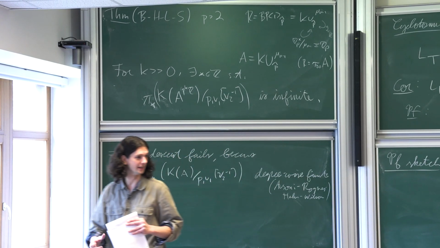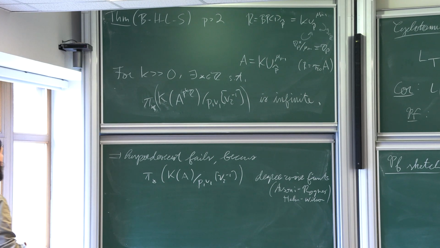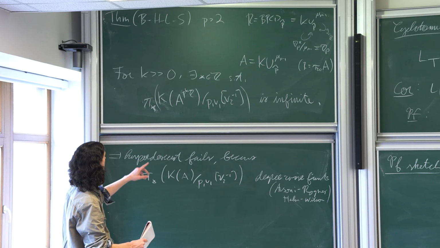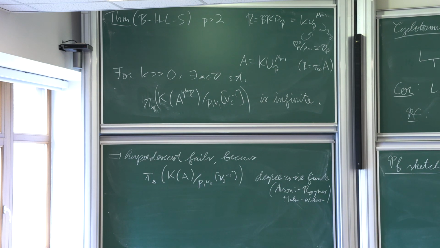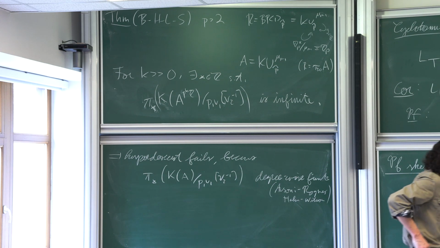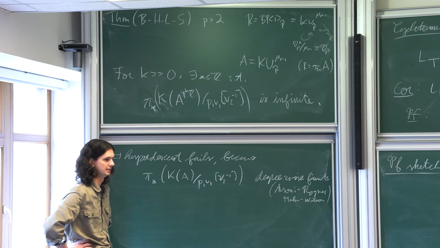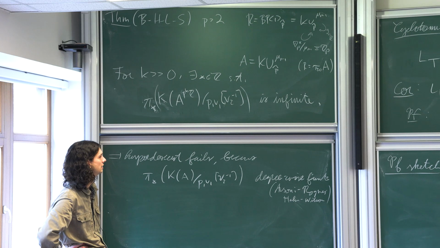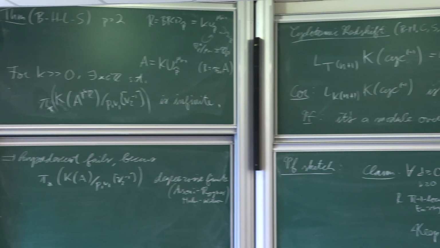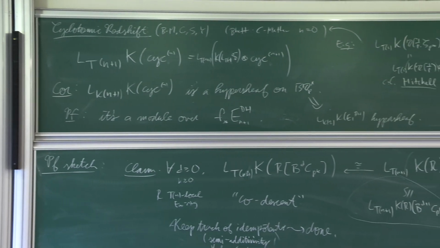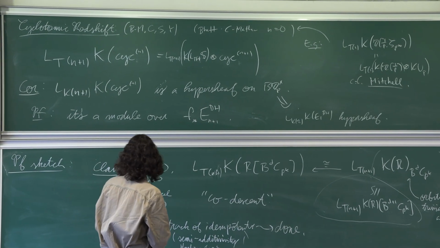Yes? Use the logic of the previous one. In this T2 local K-theory being. Oh, yes. So the proof is just saying that it's a module over this thing. Yes. And this follows from this cyclotomic redshift you're saying. Correct. But why does it not apply to T2 local?